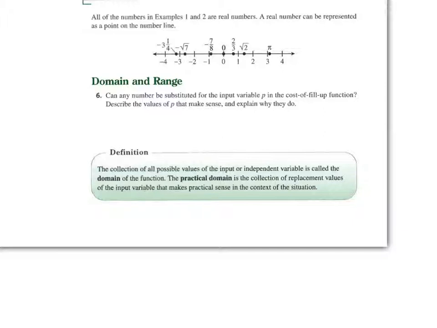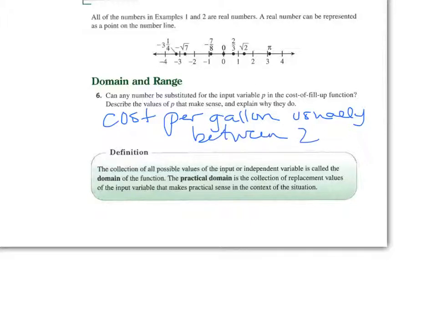So if p is cost per gallon, answers could vary on this, but right now it's usually probably between 3 and 5, but I know your textbook, and they're going to use this number later on, says between 2 and 5. I've never seen it go above 5, and rarely are we going to see it go below 2. So that's kind of what are sensible values.